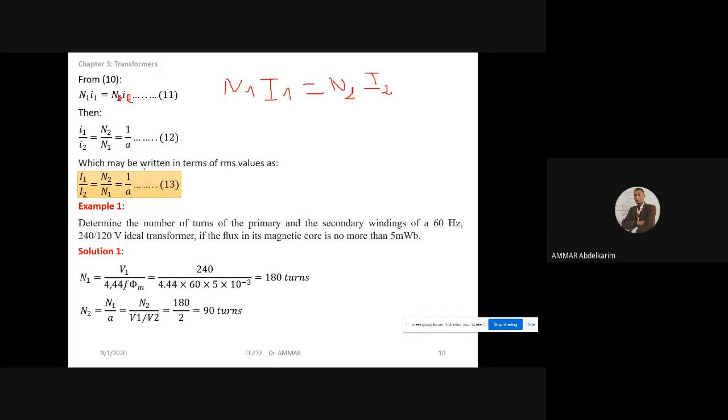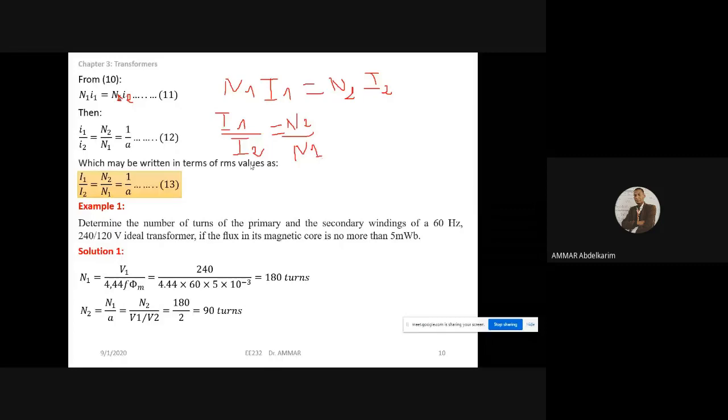Then I1 over I2 equals N2 over N1. So here it's vice versa compared with voltage.